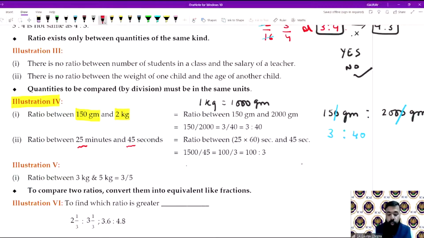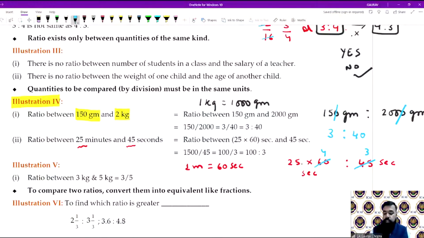We already know 1 minute is equal to 60 seconds. Therefore, 25 minutes will be 25 multiplied by 60 seconds. On the other hand, we have 45 seconds. Now just make the cancellation. We can cancel with 15 and let's see how much we get.